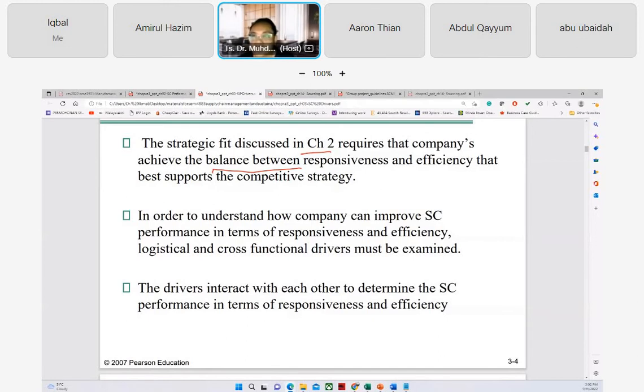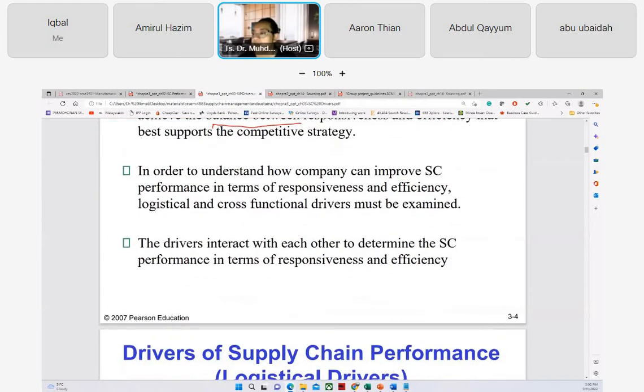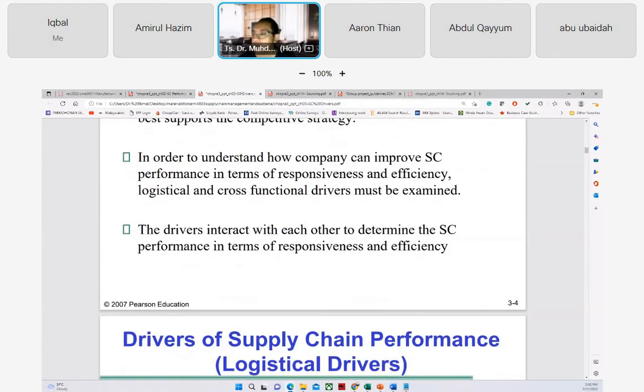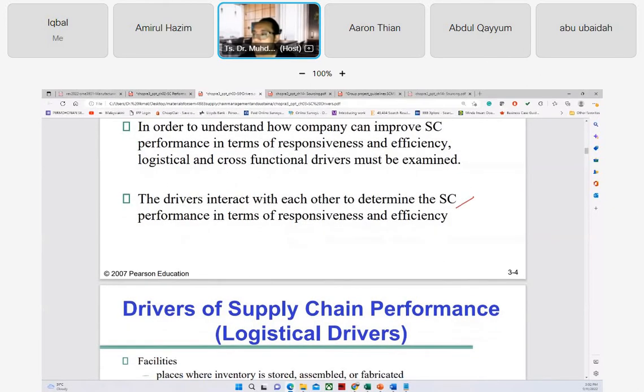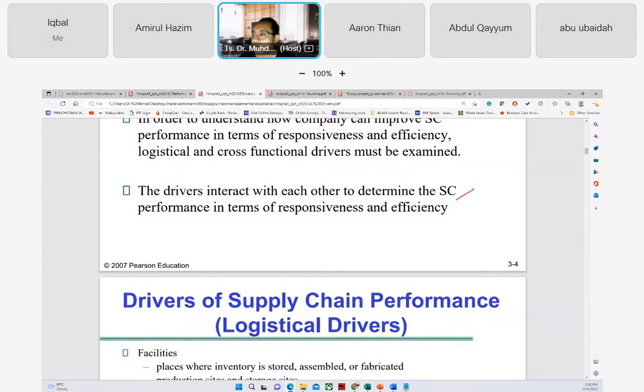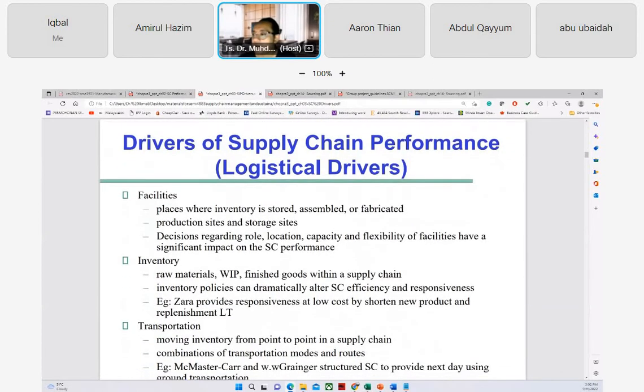You have to understand how the companies work, how the supply chain works, and then you can give your suggestion. That's what you learn in your group projects. The drivers interact with each other to determine the supply chain performance in terms of responsiveness and efficiency.